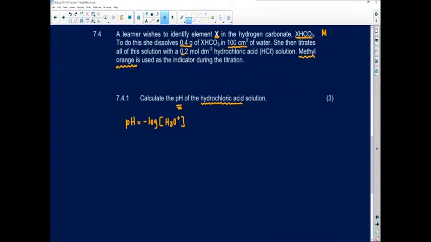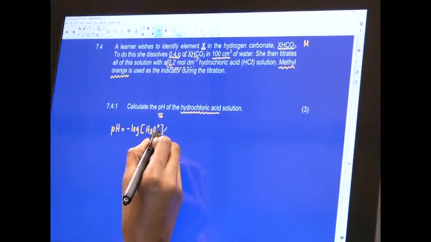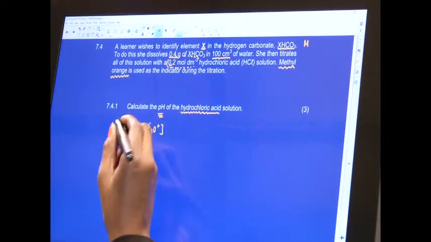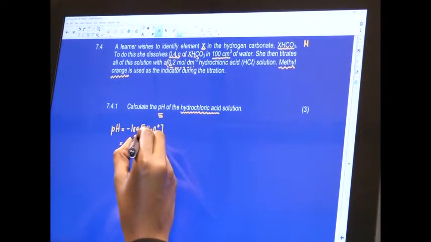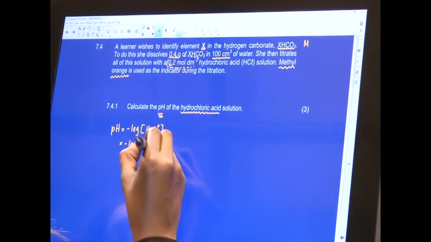And I'm told that this solution is 0.2 mole per cubic decimeter, this is the concentration of the hydrochloric acid. I know when I'm calculating pH, I use the concentration. Another way you could have used this in chemistry, when we use square brackets, that means concentration. So now I'm just going to plug in. I've got negative log, and I'm going to have the concentration of 0.2.